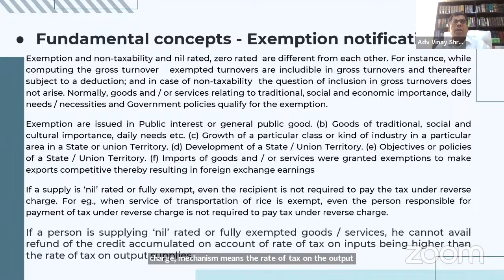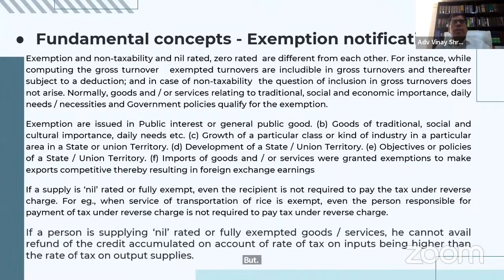So obviously, suppose the rate of output tax is 5%, whereas that entity is purchasing its raw material or other services at the rate of say 12% or 18%, then obviously the input tax credit is going to accumulate and it can never be fully utilized for the discharge of the output tax liability.